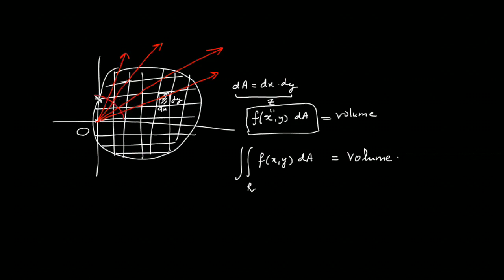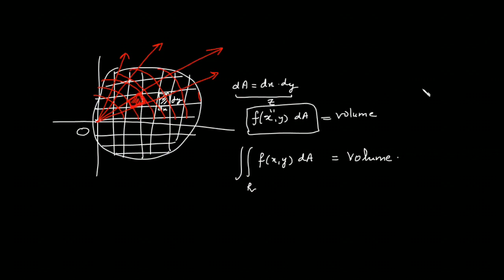So now if you pass an initial ray in the region, the small rectangle will convert into a small sector portion. So dx dy will be replaced by this small portion. So we have to find out the area of this small portion.